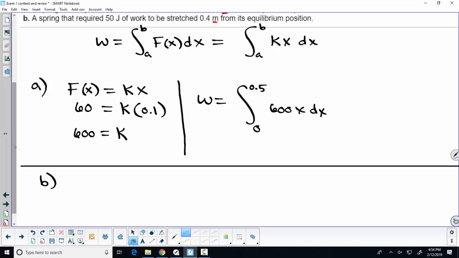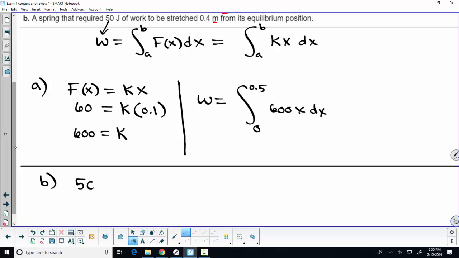Okay, so in terms of integrals though, that would be whatever that number is, 50 equals the integral from 0 to 0.5. Close. That's the specific property for that spring. So we're given the work here.